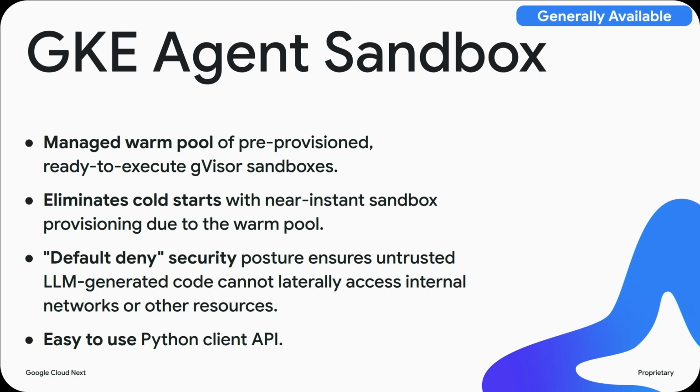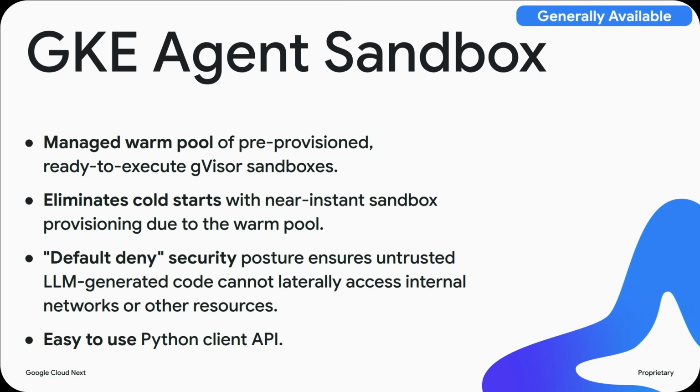That was available as a preview late last year. I'm thrilled to announce today GKE Agent Sandbox is now generally available. GKE Agent Sandbox provides a warm pool of pre-provisioned gVisor sandbox instances. So that means you can eliminate cold starts when you're spinning up new sandbox instances. You get near instantaneous, sub-second provisioning.